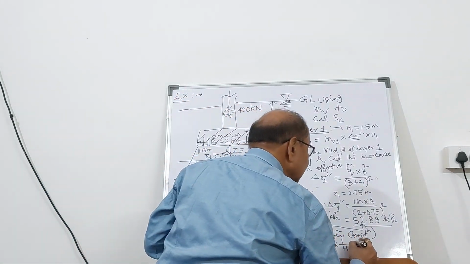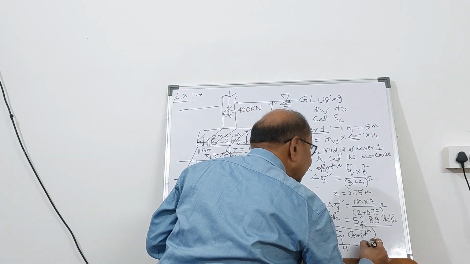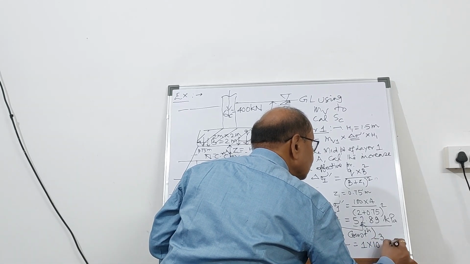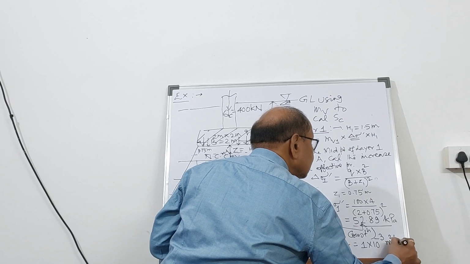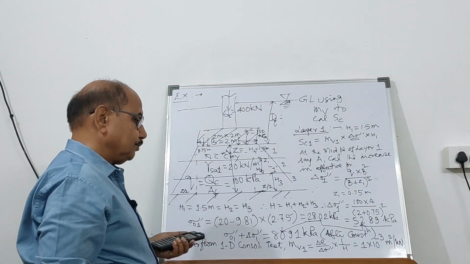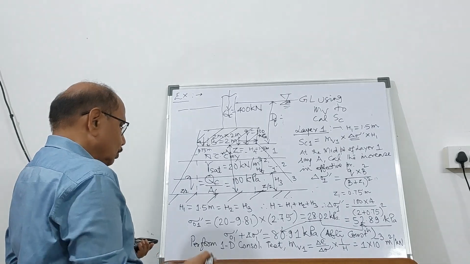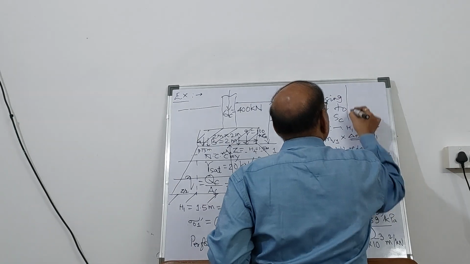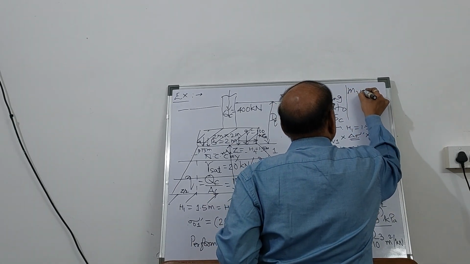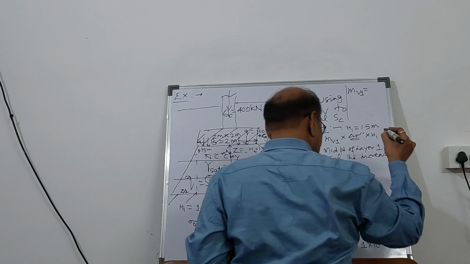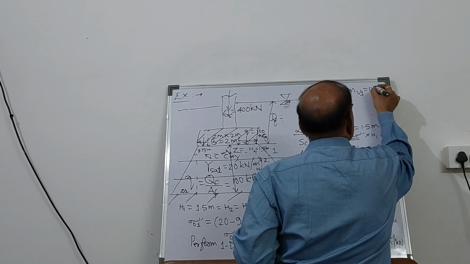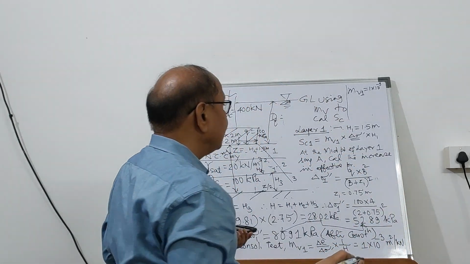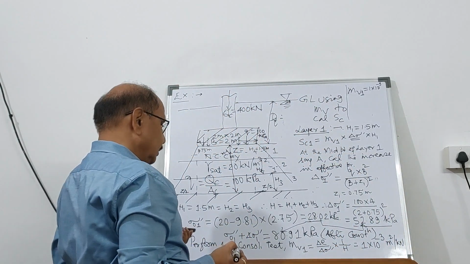Let's say this value is 1 into 10 raised to power minus 3 meters square per kilo Newton. So for layer 1, the value of MV1 is known to you from the one-dimensional consolidation test as 1 into 10 raised to minus 3 meters square per kilo Newton.